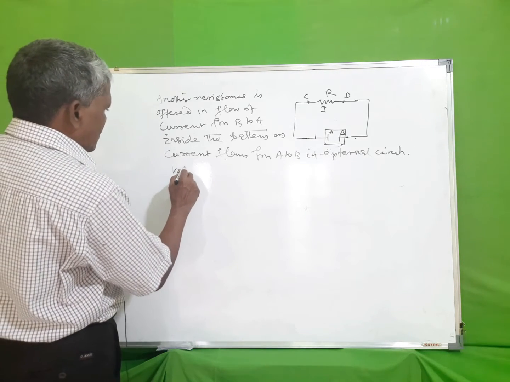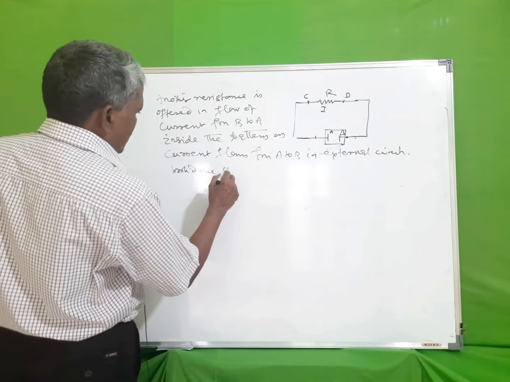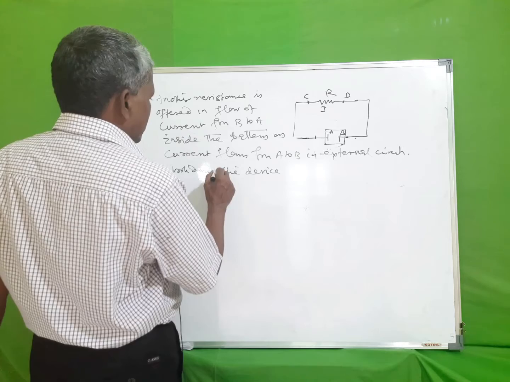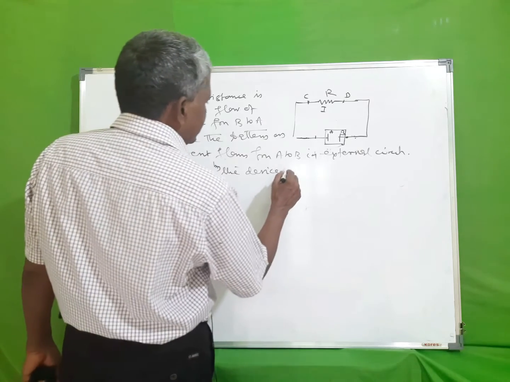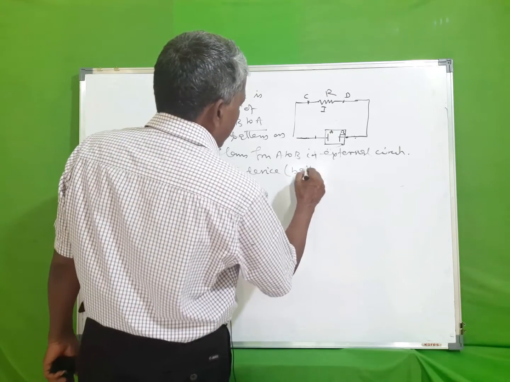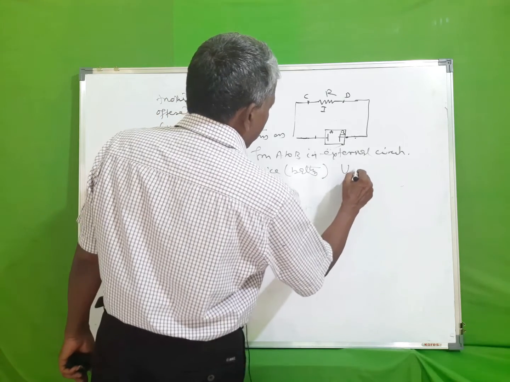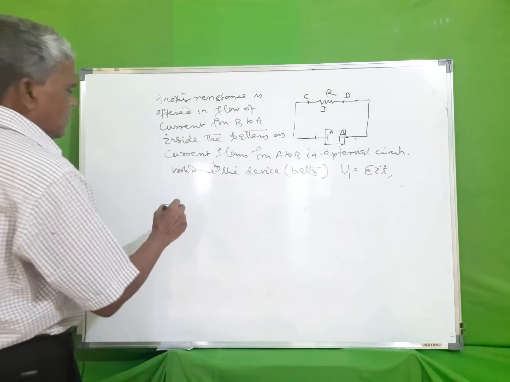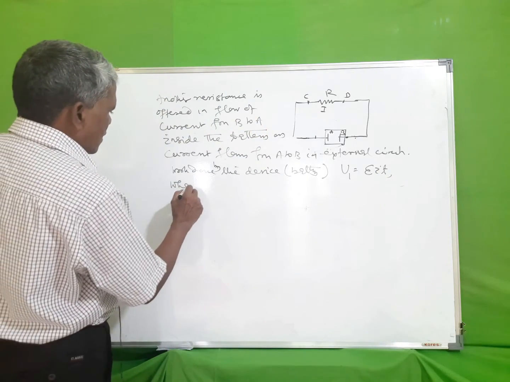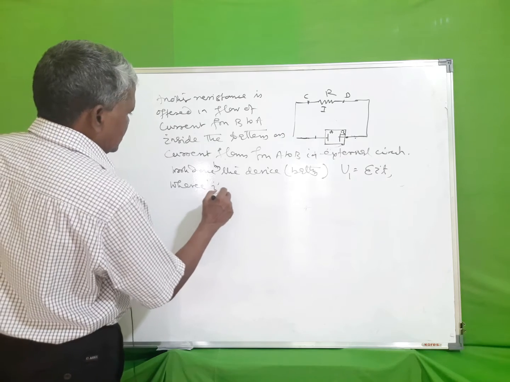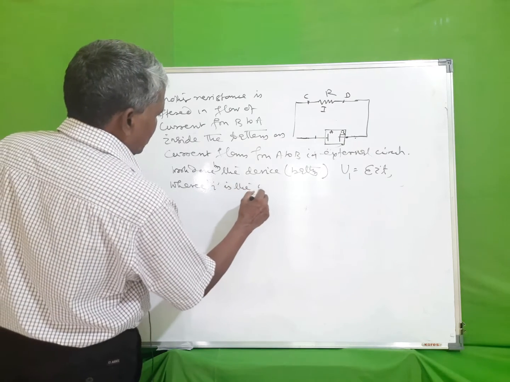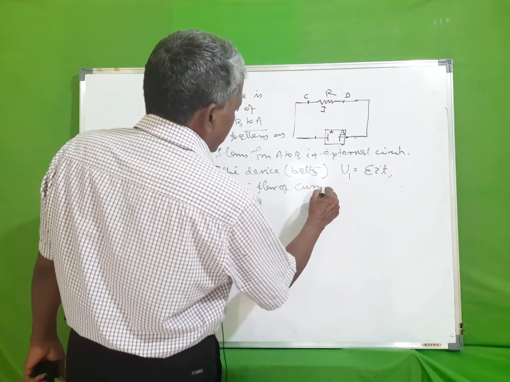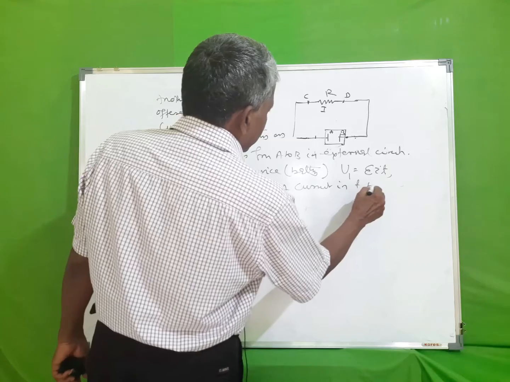The work done by the device or battery is U1 equal to EIT, where I is the flow of current in T seconds.